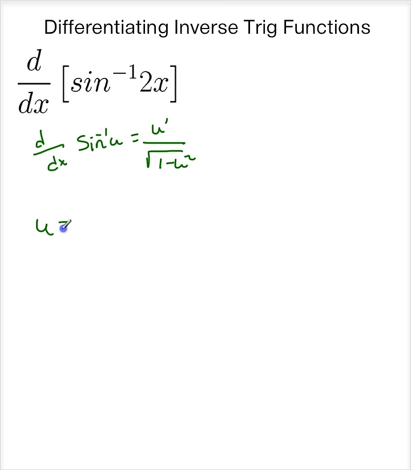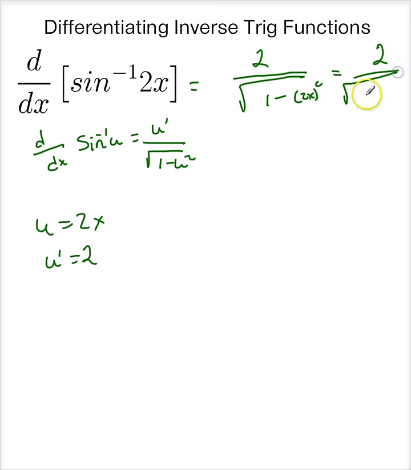In this case, u is 2x, so u prime is going to be 2. So this derivative becomes u prime, which is 2, divided by the square root of 1 minus u squared. And you do want to simplify this. So this is 2 divided by the square root of 1 minus 4x squared.